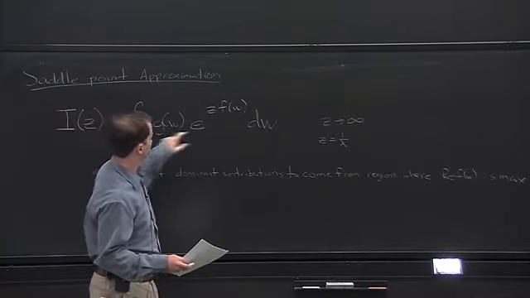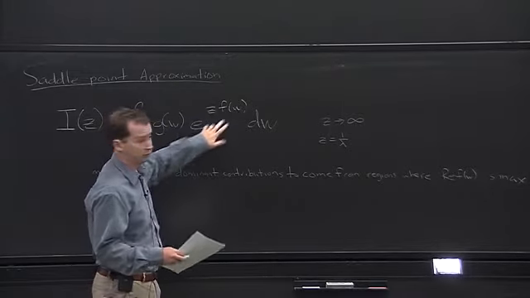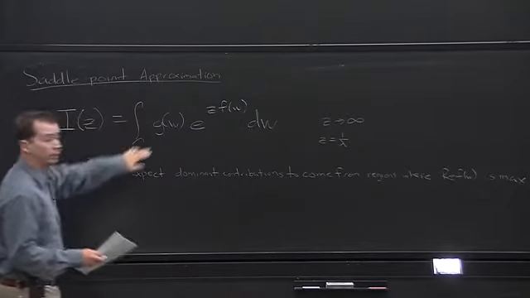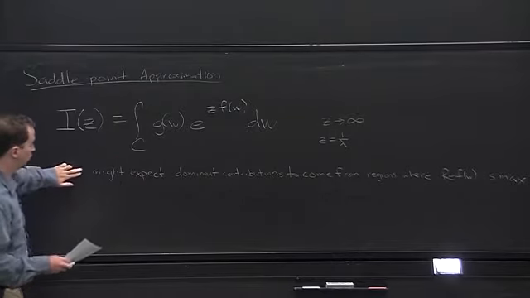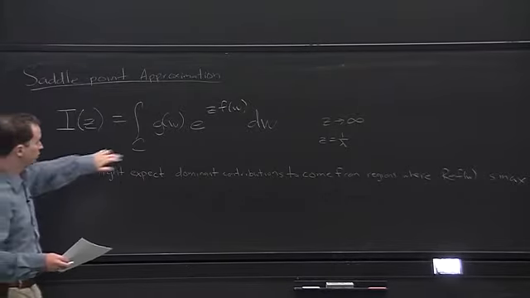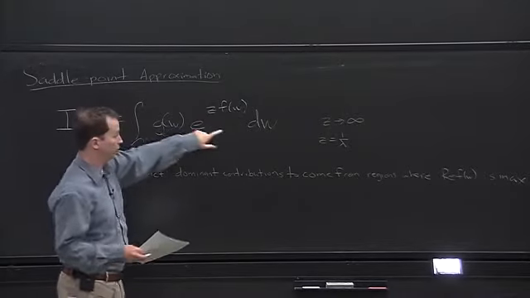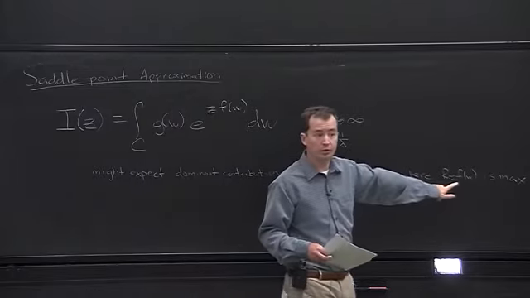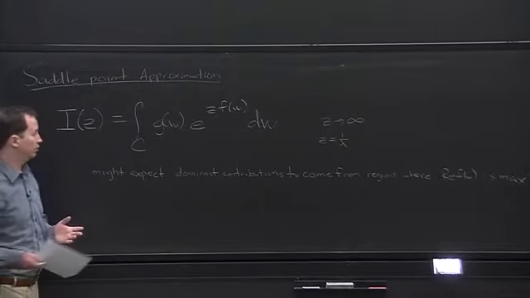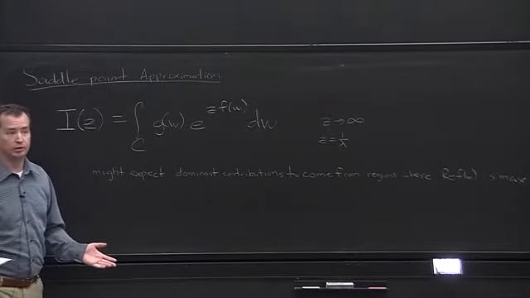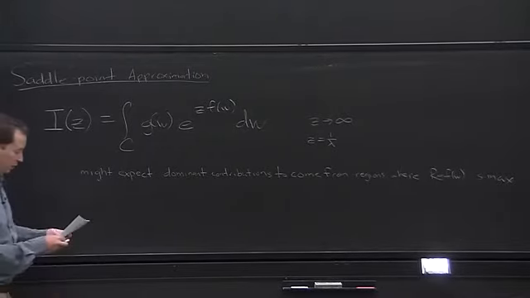As z becomes larger, this integral becomes more and more peaked near the maximum of whatever's in the exponent. The complication that arises in the complex case is, well, you might expect this to be true, but if the phase is changing very rapidly along the contour near a point where the real part is maximum, then there could be destructive interference, and even though the magnitude of the integrand is large, the phases could oscillate so that there's very little contribution from that region.